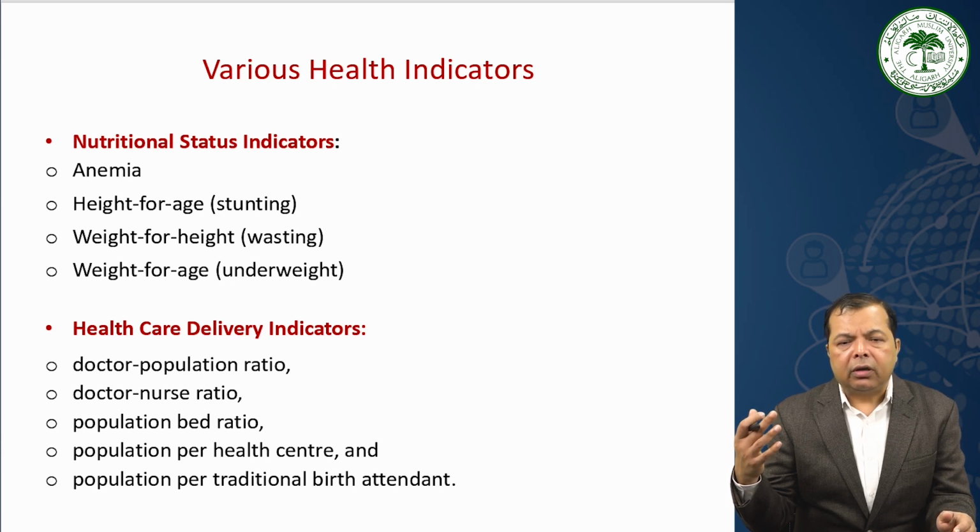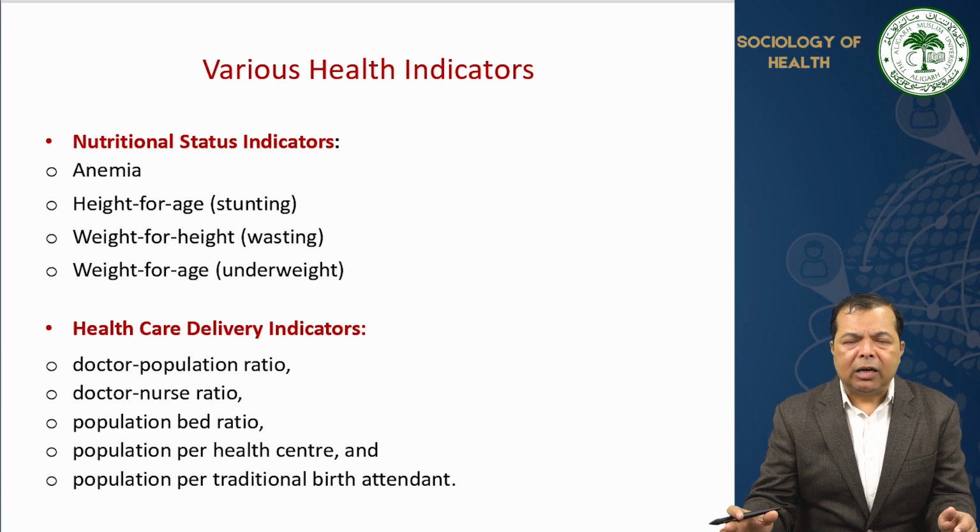So, nutrition or malnutrition related indicators are big indicators. If a society is witnessing malnutrition at a massive level, then certainly it does not have good health and it is bound to have multiple problems in terms of morbidity and disease. So these are very important indicators.